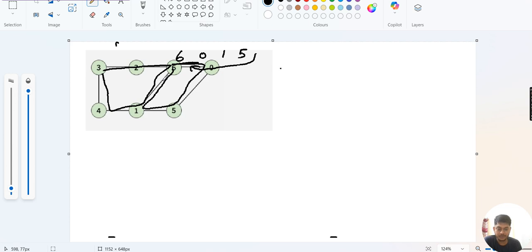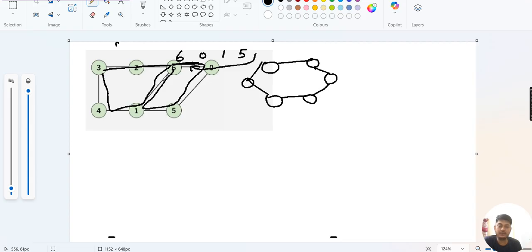For example, there is a graph like this. How can we detect whether a cycle is present in this graph or not?